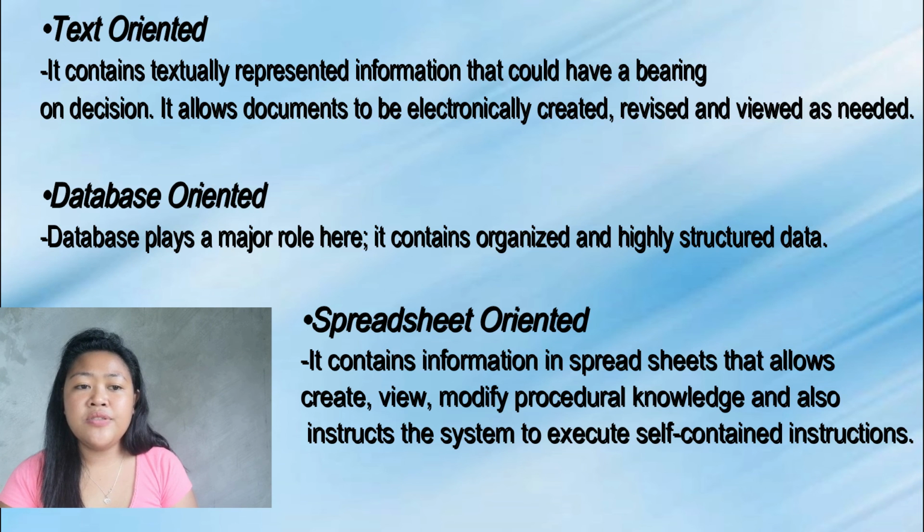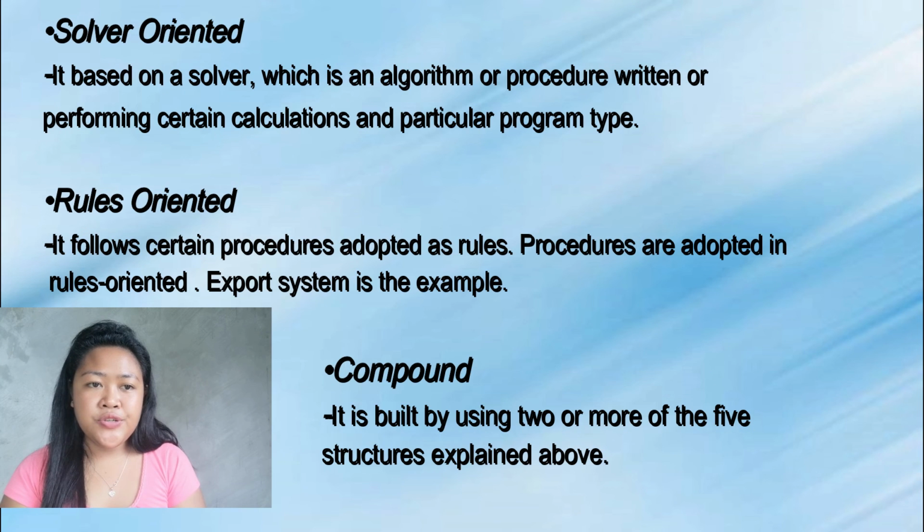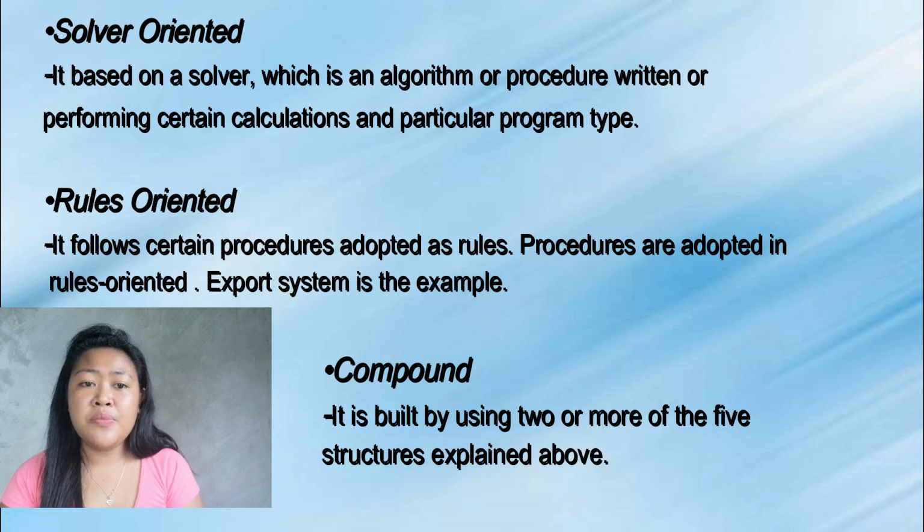Spreadsheet-oriented. It contains information in spreadsheets that allows users to create, view, and modify procedural knowledge, and also instructs the system to execute self-contained instructions. Solver-oriented. It is based on a solver, which is an algorithm or procedure written for performing certain calculations in a particular program type.